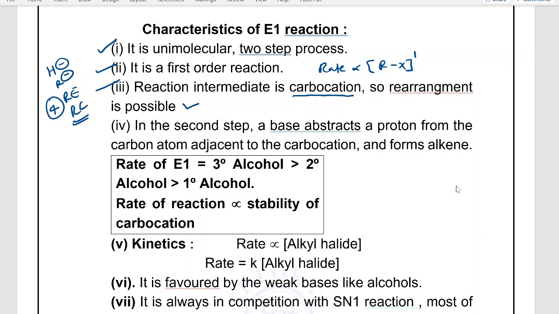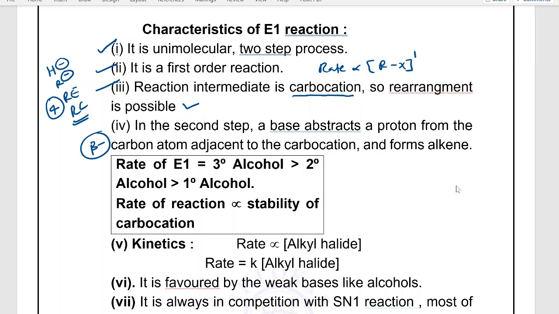If there is any chance to convert from a less stable to a more stable carbocation, without any hesitation the carbocation can undergo rearrangement. Next, in the second step, the weak base we are taking abstracts a proton from the carbon adjacent to the carbocation. That carbon is the beta carbon.